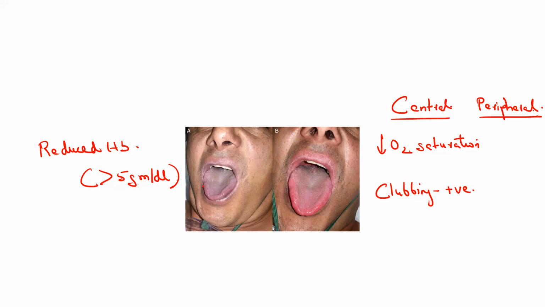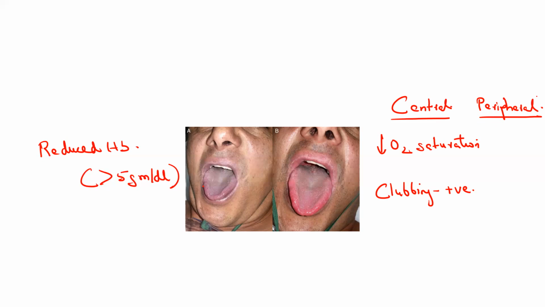Why does this happen in peripheral cyanosis? As I just told you, central cyanosis is because of low oxygen saturation, but in peripheral cyanosis the main reason is diminished peripheral blood flow. There are many reasons: shock, too much cold exposure, Raynaud's disease, or any peripheral vascular disease, which cause a reduced amount of blood in the peripheries.